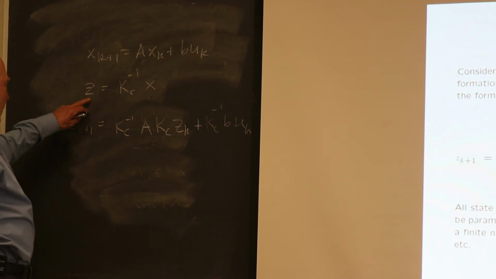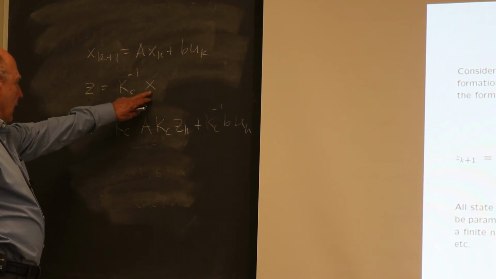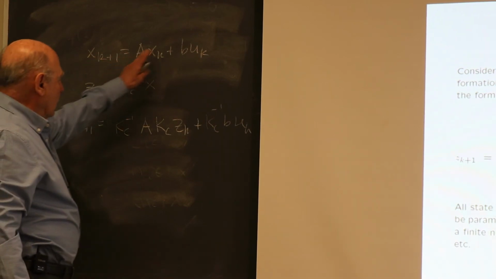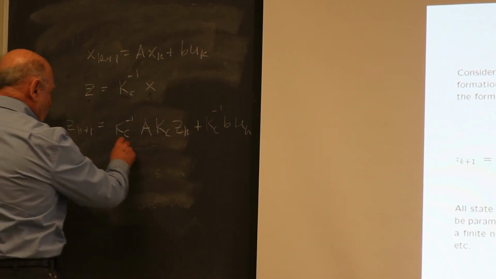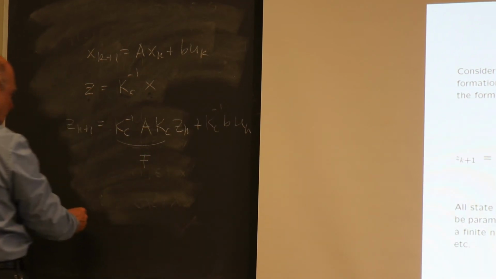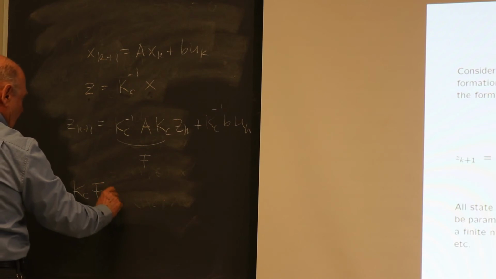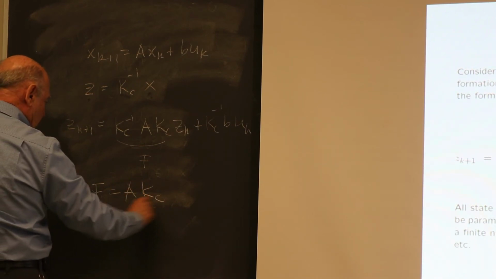So the next state C will affect the state Xk plus 1 through Kc inverse, and therefore you multiply these two terms. So this matrix, let's call it F, satisfies the property that Kc times F is equal to A times Kc.